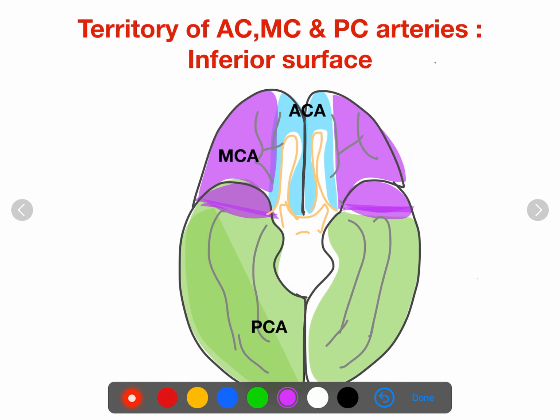Now over the inferior surface, the orbital surface, the medial part is supplied by the anterior cerebral artery, the lateral part is supplied by the middle cerebral artery, and the tentorial surface, except in the anterior part, the entire surface is supplied by the posterior cerebral artery.